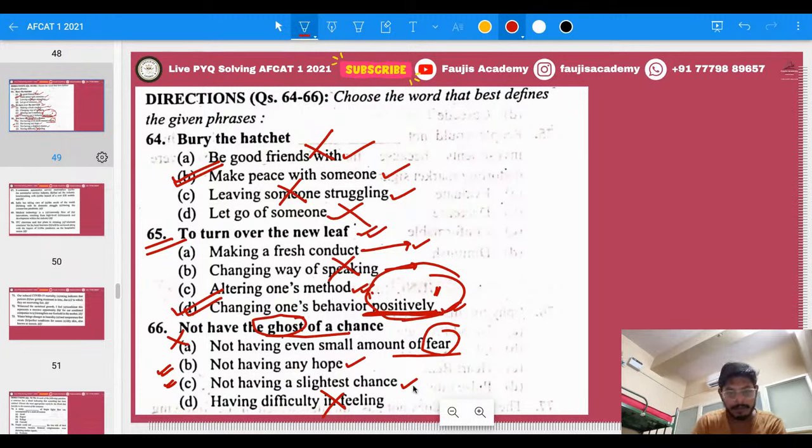Not having the slightest chance, not having any hope. Okay, you might have the hope. Let's say somebody is scoring 40 marks in the AFCAT mock right now. They might have the hope of clearing the exam, right? But the truth is that they are not going to clear the exam, isn't it?